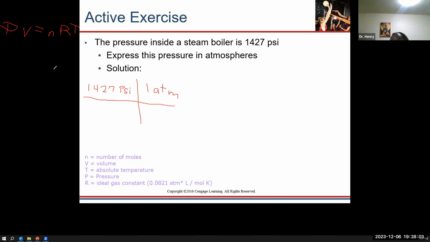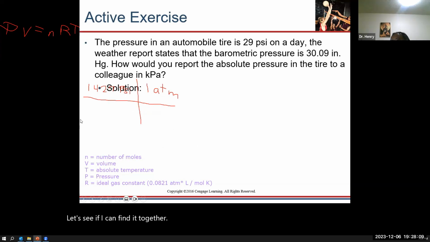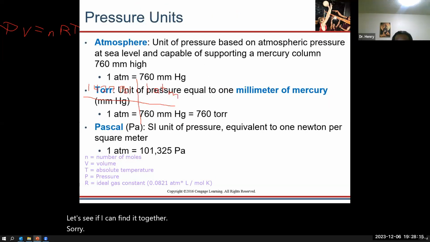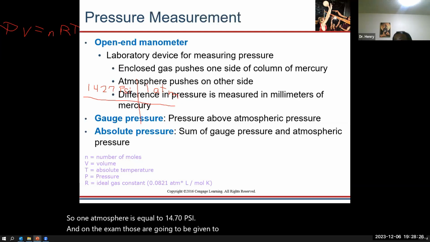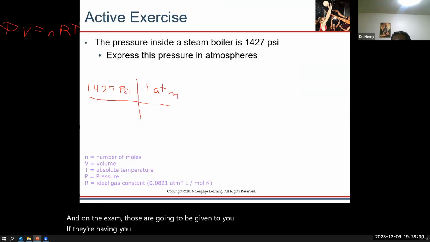Let's see if we can find it together. There we go. So one atmosphere is equal to 14.70 psi. And on the exam, those are going to be given to you if they're having you convert like that. So you just need to know where to put it.